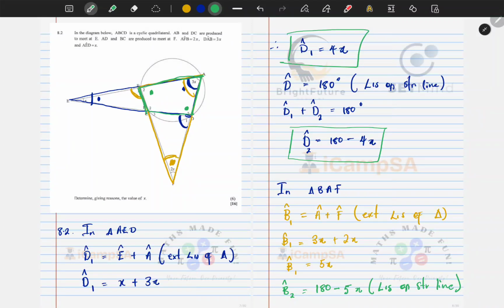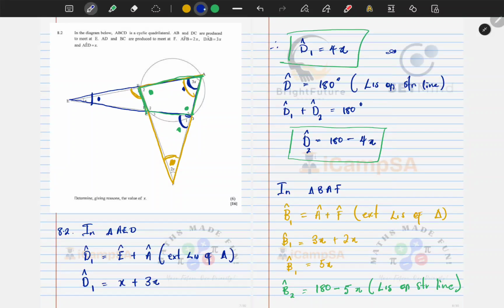That means that our angle D1 will be equal to your angle D2. Why? Because they are exterior angles of a cyclic quadrilateral. And remember, we do have D1, which is 4x, and we also have B2, which is this one, 180 minus x.